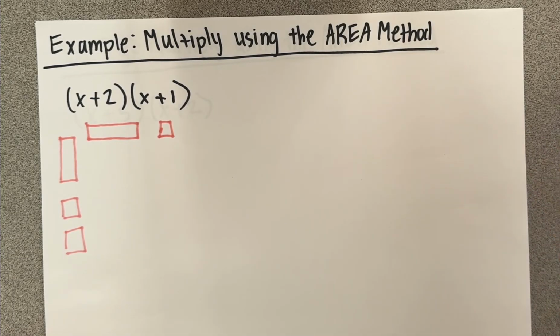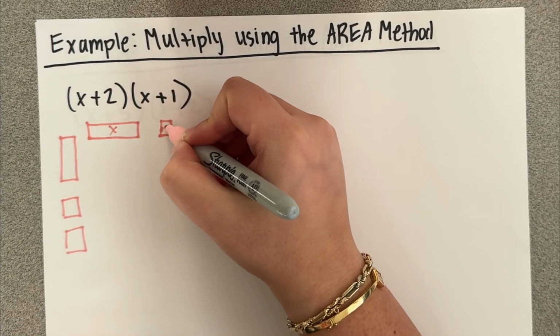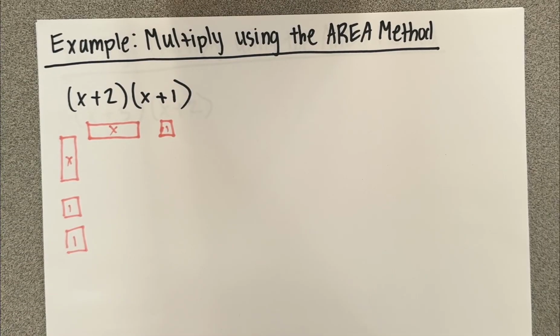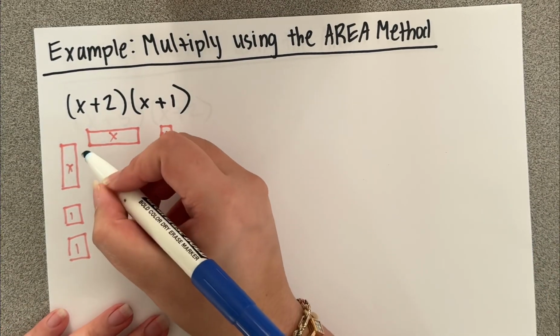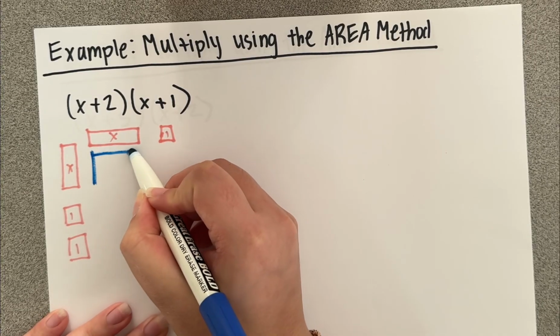So now we are going to, so we have x right here. This is 1, this is x, this is 1, and this is 1. So we're going to do x times x. That's x squared.